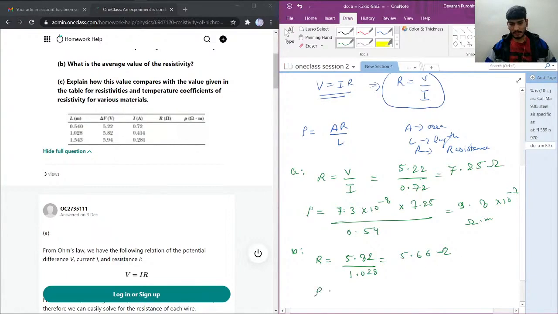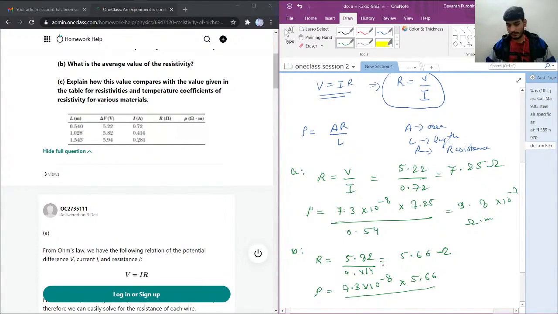And for resistivity we have again the same area times 5.66 over the length, which was 1 point. Oh god, I made a mistake here. I divided with the wrong length. This should be 0.414.